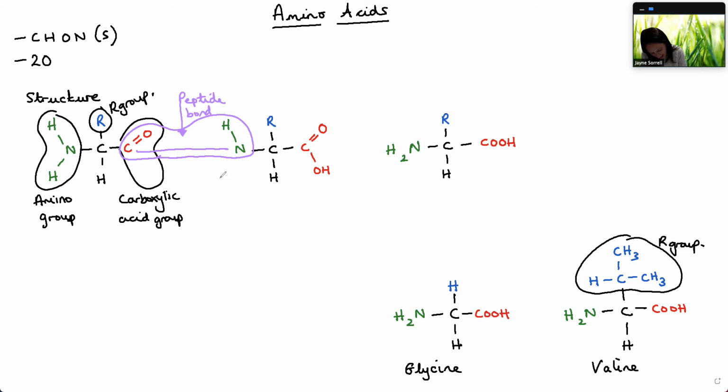Now that loss of that OH group has formed water, and so that is a condensation reaction that has formed that peptide bond. We have formed a bond and we have lost a molecule of water. So therefore we have a condensation reaction.